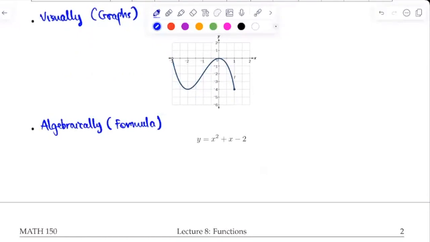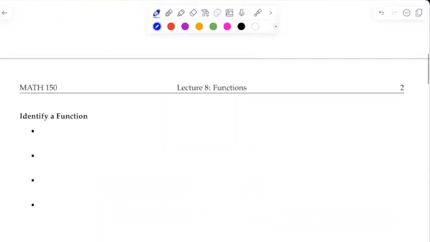All right, so there are four ways to represent functions. Now, how could you identify a function? Right. Given some information about graphs, about sentences, about table of values, about the formula, how would you identify each relation as a function?